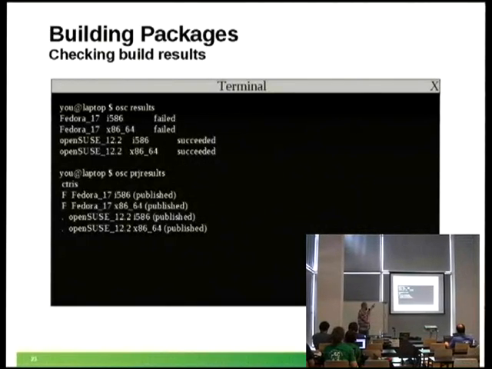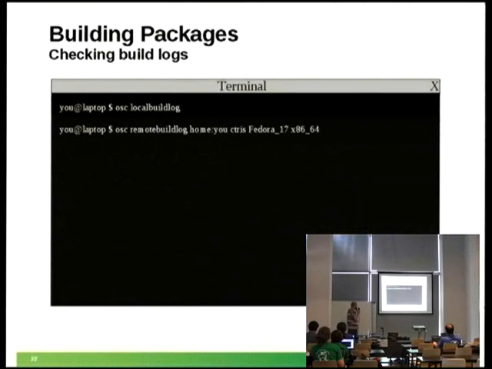There you can see you have checked the results. You can also check the build logs that you have seen flying by, right? You can read them with osc localbuildlog.